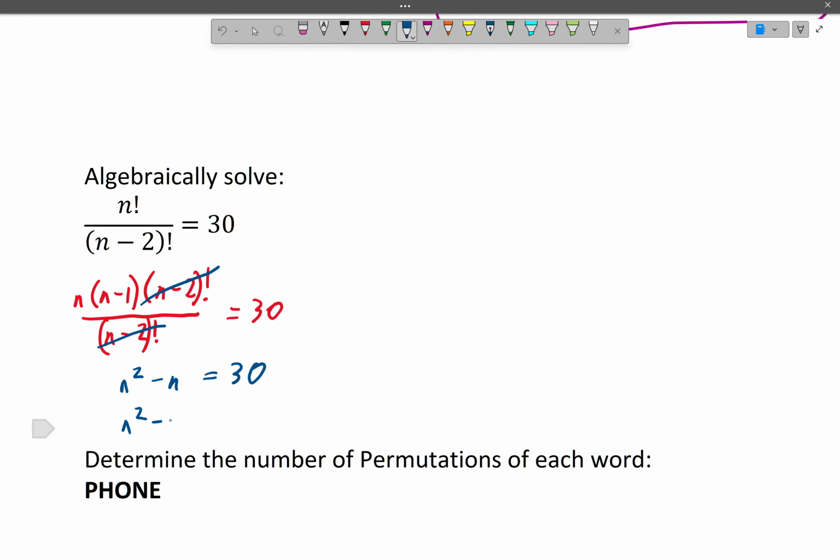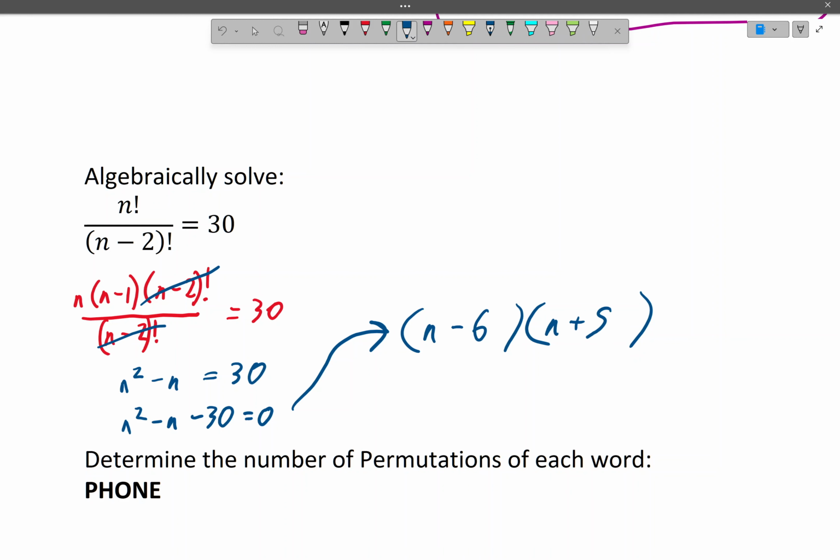Now we can move that 30 over. And so we have minus 6 and plus 5 equals 0. You're going to notice here that if this is true, we could say n equals negative 5 or positive 6.